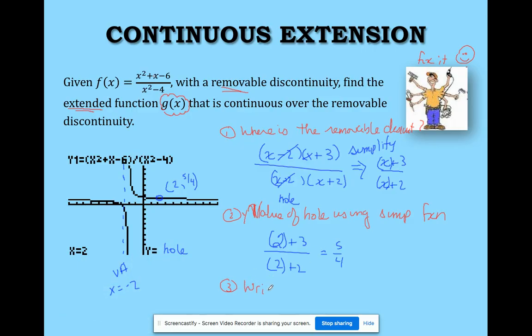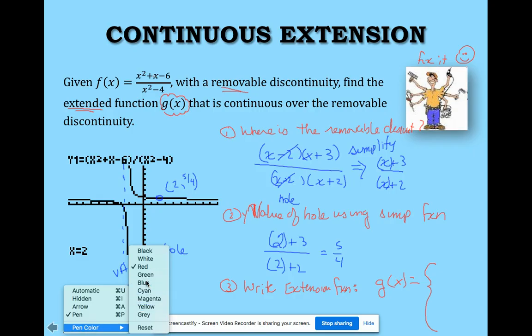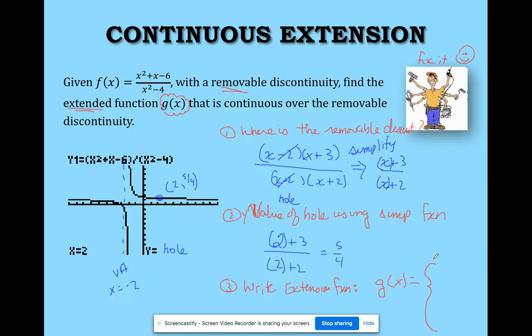Now write your extension. And here's your template. Your extension function is not f of x, but it is f of x extended, right? Kind of think hair extensions, right? Extended. So you're going to write the original function here, original f of x.